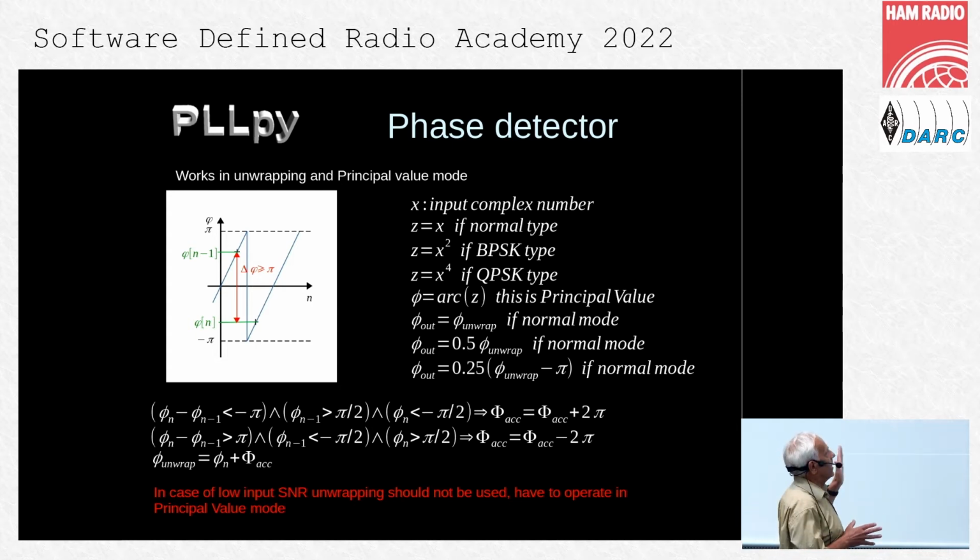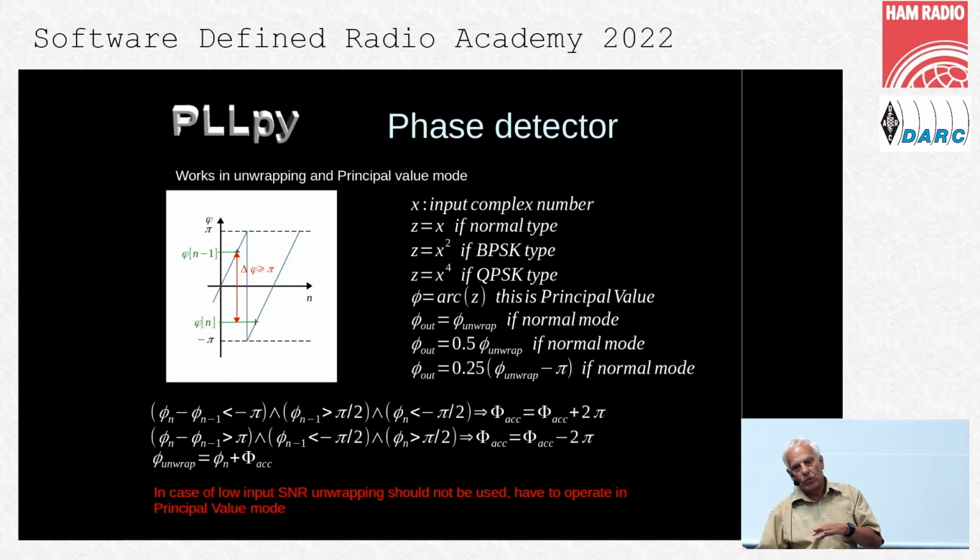There is one important thing with this detector: it can be used with BPSK or QPSK modulated carriers. The trick is that for BPSK modulated carriers, I compute the square of the input vector. For QPSK carriers, I compute the fourth power of the input vector. That means I multiply the phase angle by 2 or 4, and this multiplication eliminates the phase changes due to the modulation.